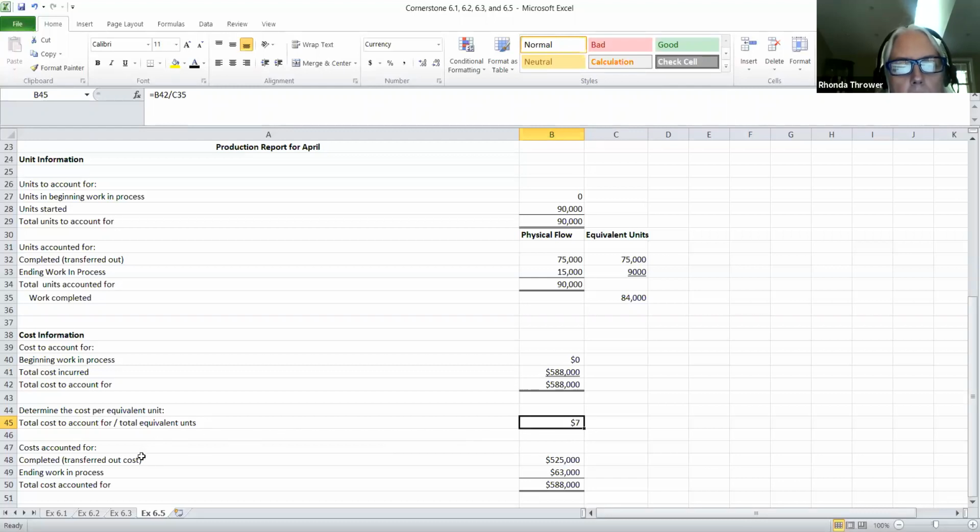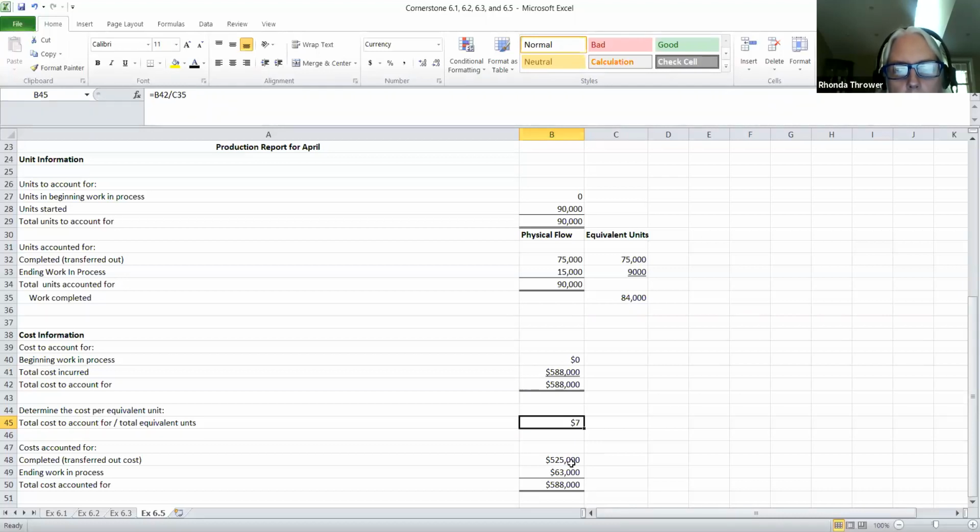I've got to have a breakdown of these costs. Notice this was double ruled. So this down here is going to have to match up to this. So I'm going to break our costs down further. What I know is what I've completed and transferred out. The completed and transferred out cost is something that I have to determine.